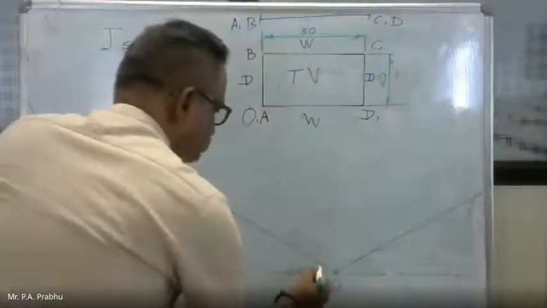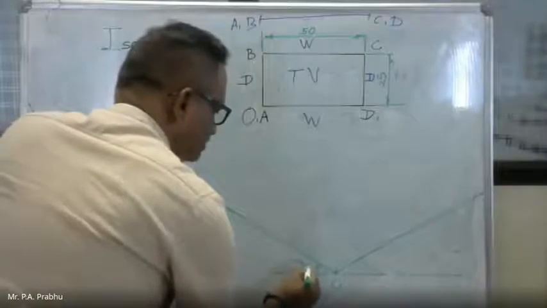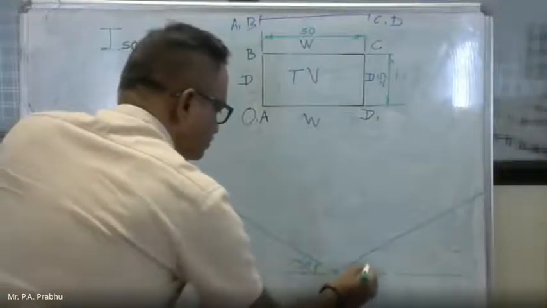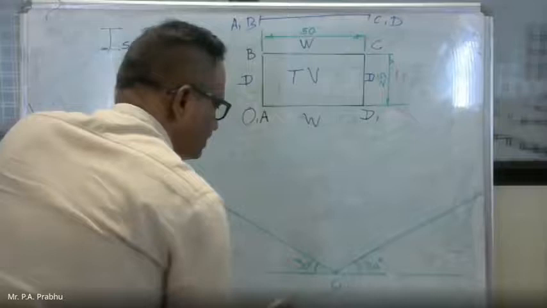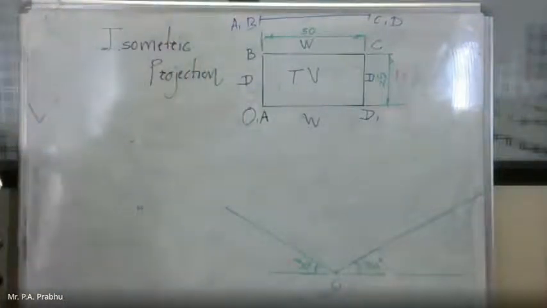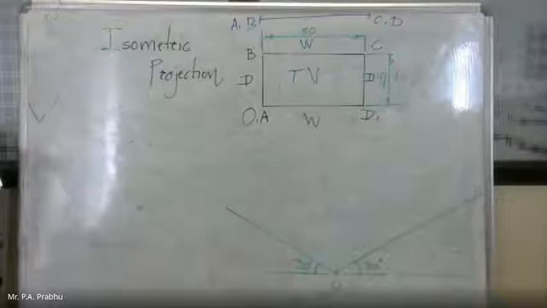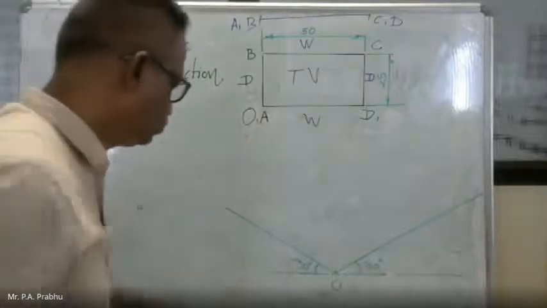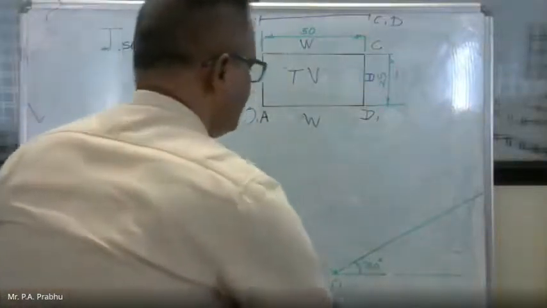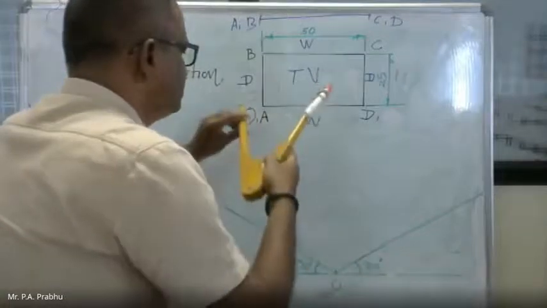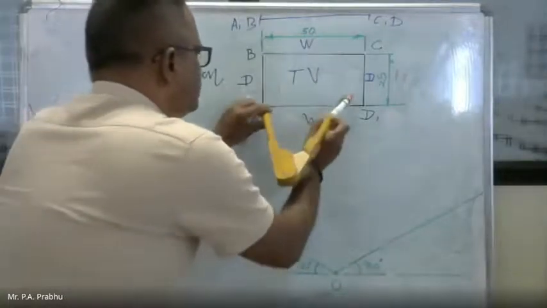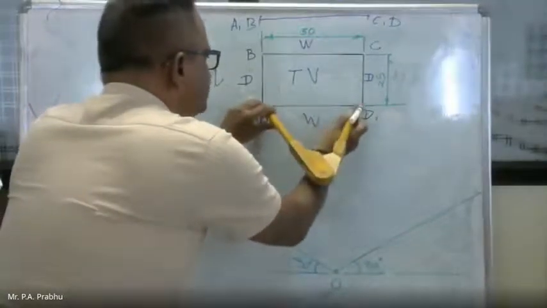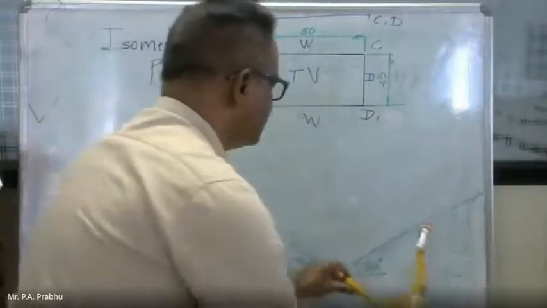On one side we have to mark the width, and on the other side we have to mark the depth. So O is given at point A. The width is 50 mm. You can take the width directly from the front view or by the scale. Mark on this side.